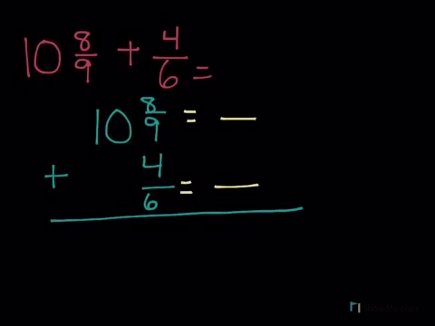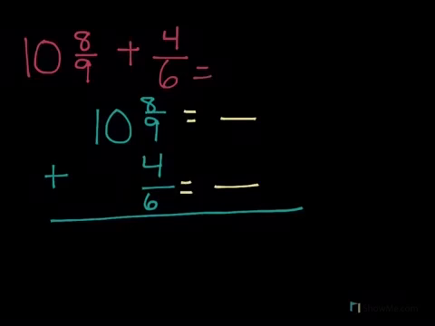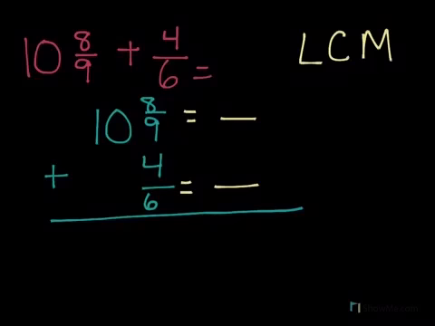The next thing I could do is just multiply my two denominators to find my common denominator. Well, 9 times 6 is 54, and that is a really big number to work with. So I'm going to use our strategy of finding the lowest common multiple, or LCM.